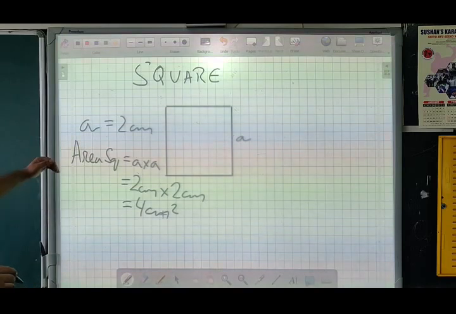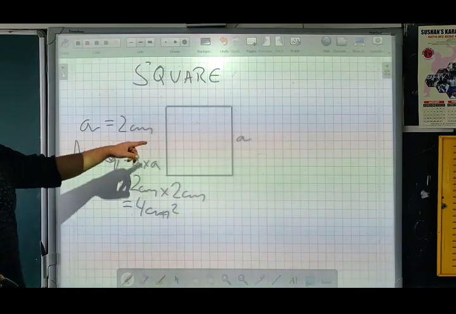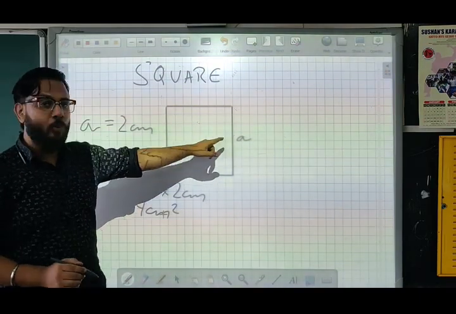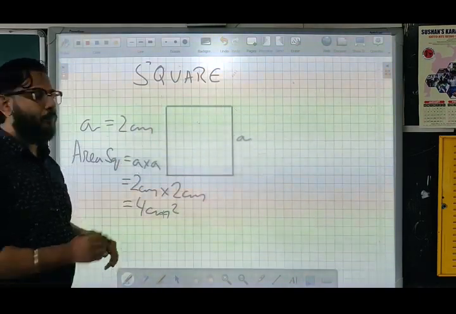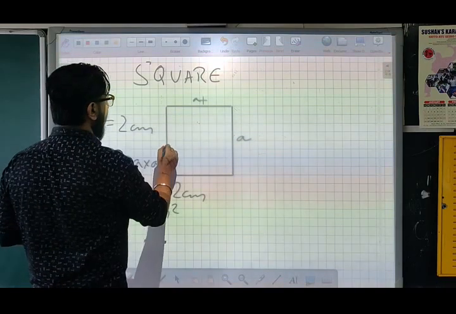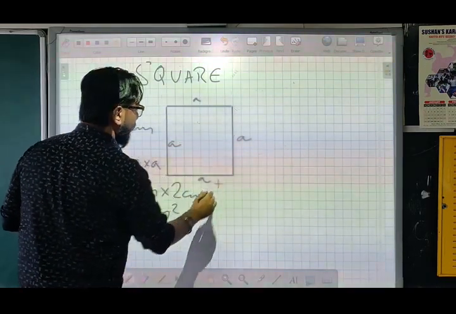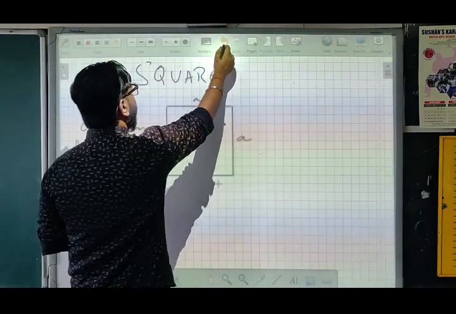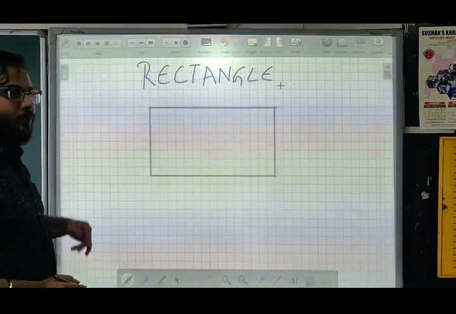That is how you get the area of a square. All sides are equal in a square, which is why we take one side as A, and all sides also become A.